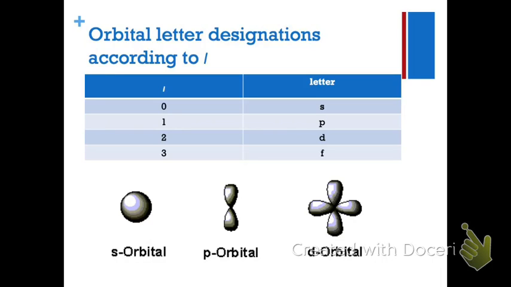If we know that the electron is found in a p orbital, our value is 1, d is 2, and f is 3. So the L value can really only range from 0 to 3. You need to put this chart into your notes so that you know the second part of our quantum number is either S, P, D, or F, and then we know the number value that corresponds to that.